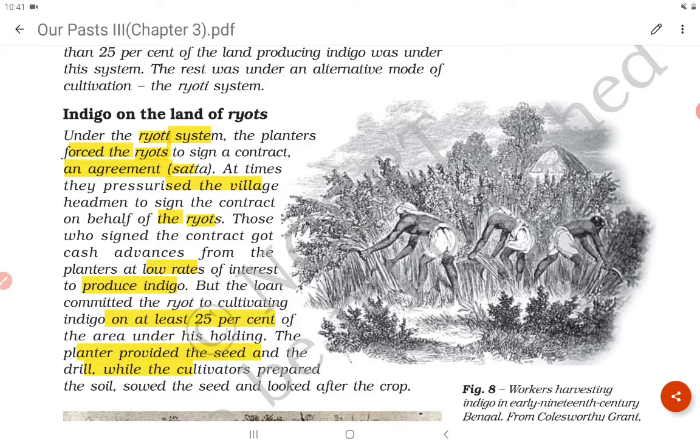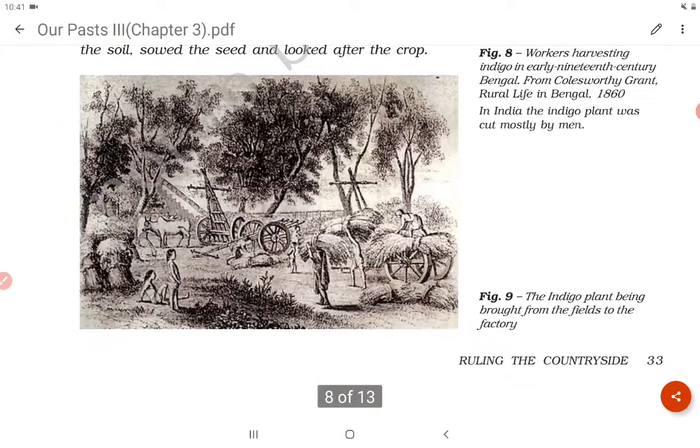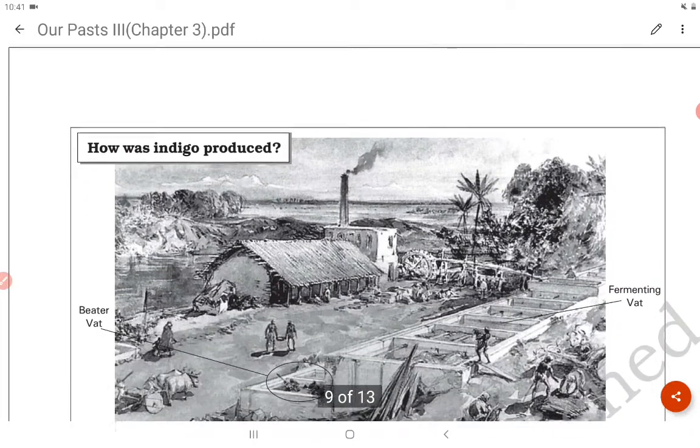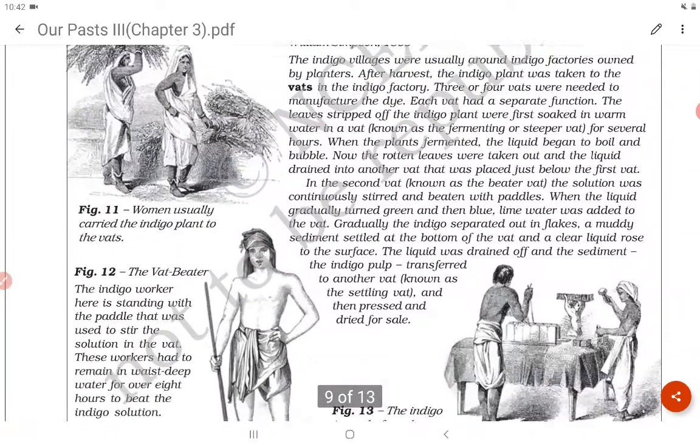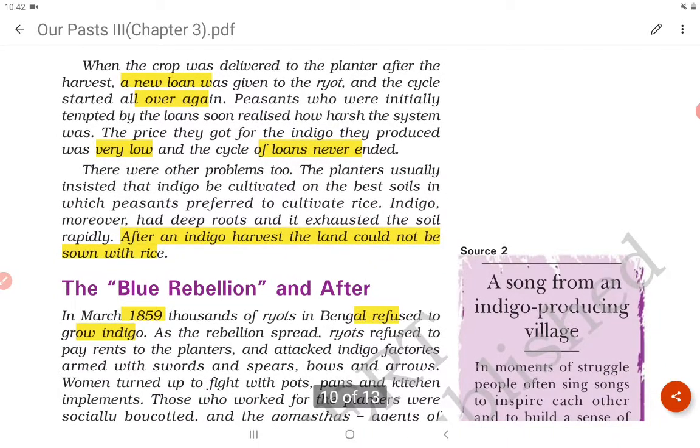The planter provided the seed and a drill, while the cultivators prepared the soil, sowed the seed, and looked after the crop. When the crop was delivered to the planter after the harvest, a new loan was given to the ryot, and the cycle started all over again.